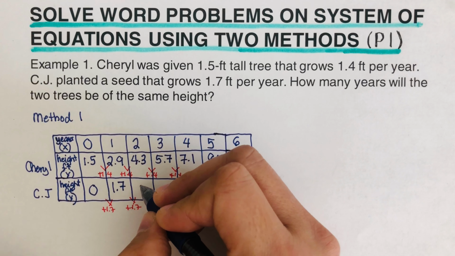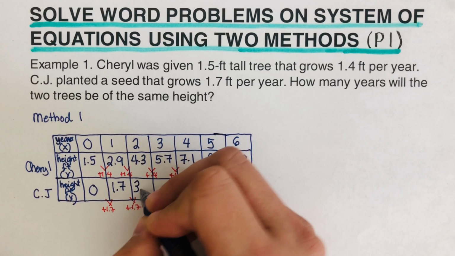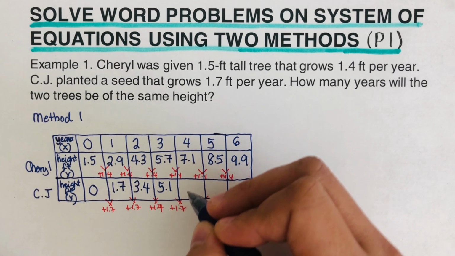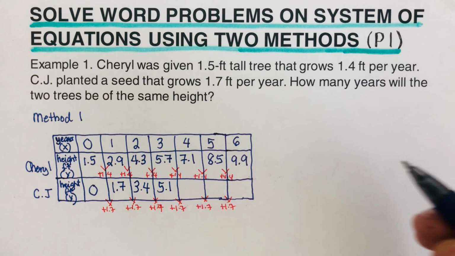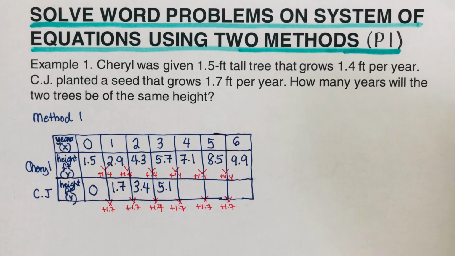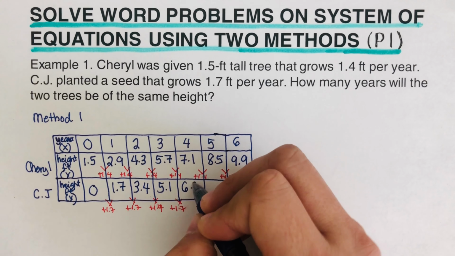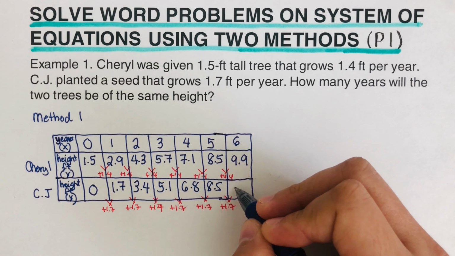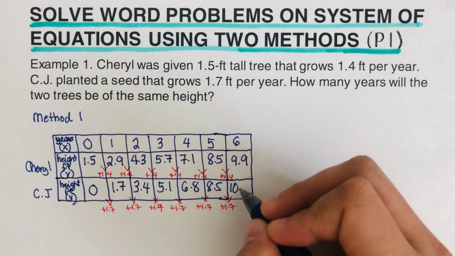Then plus 1.7 would be 3.4, plus 1.7 would be 5.1, plus 1.7 is 6.8, and then plus 1.7 would be 8.5, plus 1.7 would be 10.2.